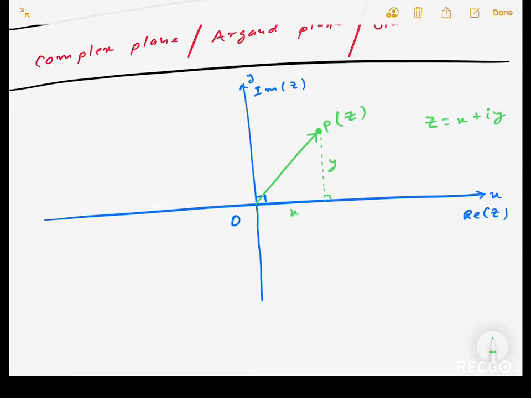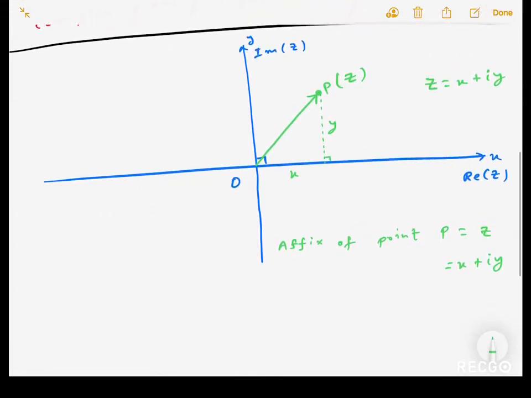So instead of writing that the affix of point P is equal to z, which is equal to x plus iota y, we can also say that the position vector of point P, the OP vector, is also equal to z.